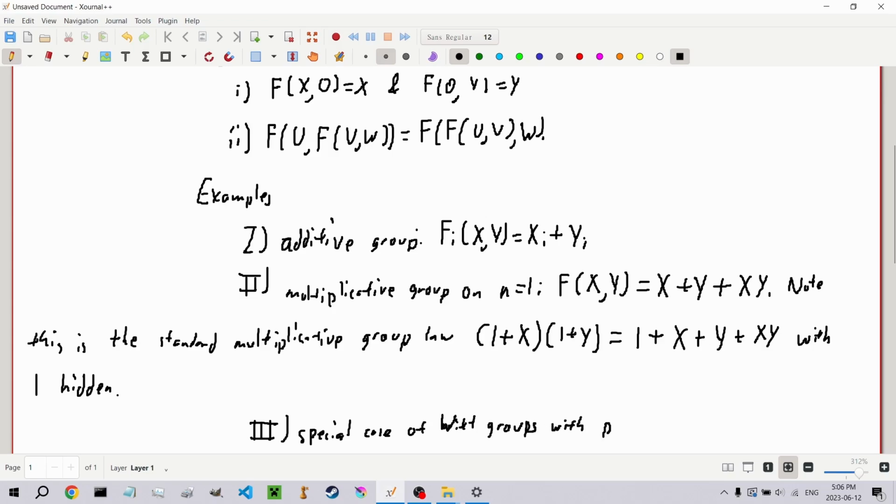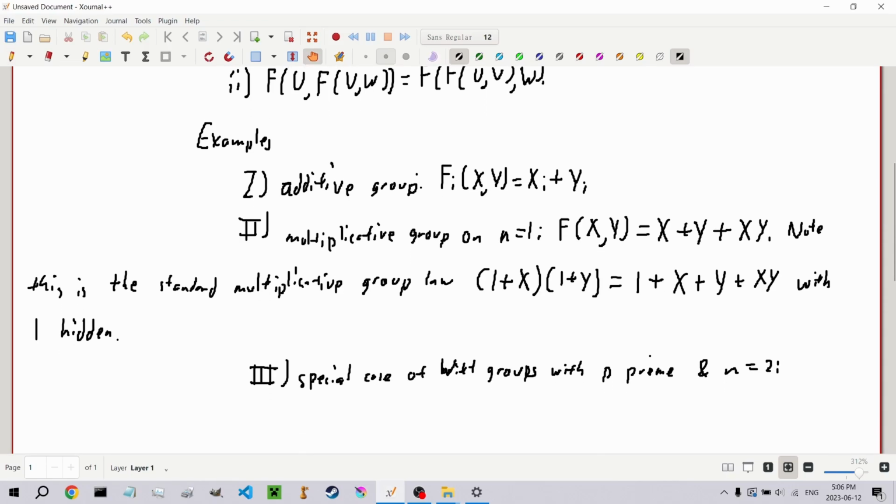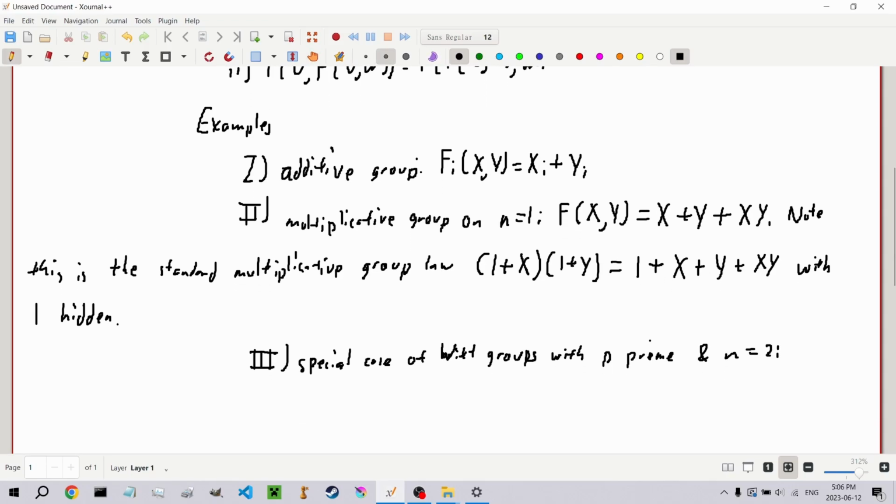With p prime and n being 2, our group law on our first component is F1(x1, x2, y1, y2) being x1 plus y1.